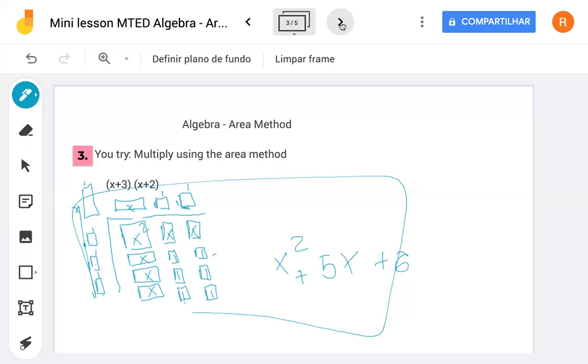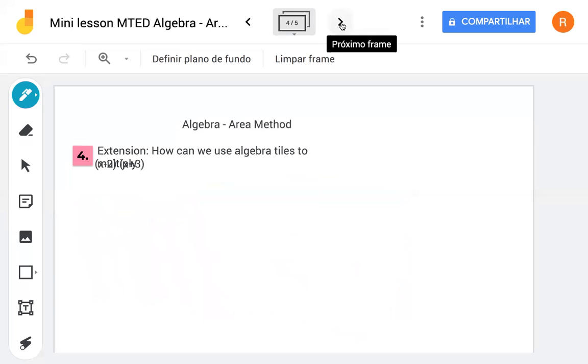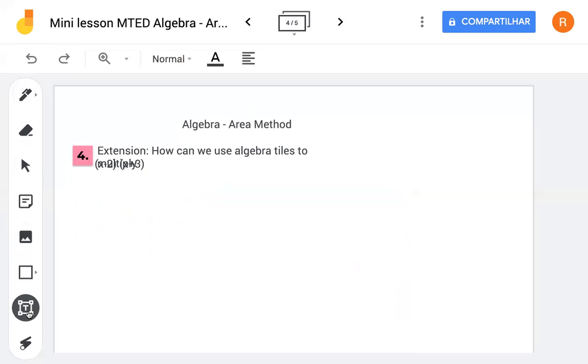So let's continue. Box number 4. Sorry about that. Okay, so box number 4. Let's do x minus 2 multiplied by x plus 3.